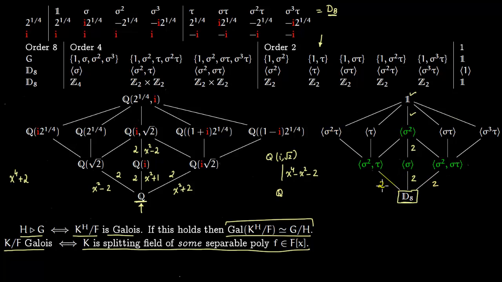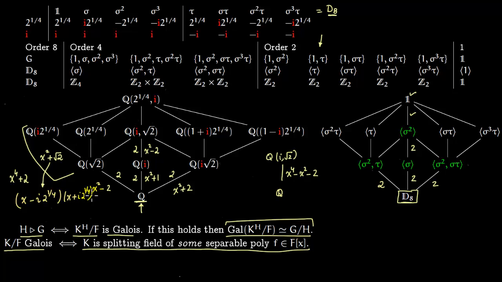So notice that if you just talk about, say, these two fields in isolation, is Q(i 2^(1/4)) Galois over Q(root 2)? In this case you can just give some polynomial like x squared plus root 2. Then obviously you see that this polynomial will split like this: x minus i 2 to the power of 1/4 times x plus i 2 to the power of 1/4.